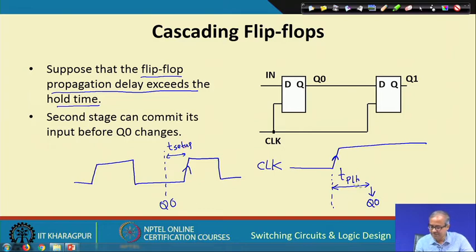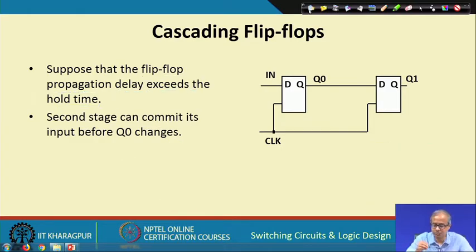Now, if this t_PLH is too large, so that it eats up into this t_setup time, then the setup time constraint would be violated. This can be a problem. So, you should be careful that the clock frequency should not be too fast, so that such a thing happens.